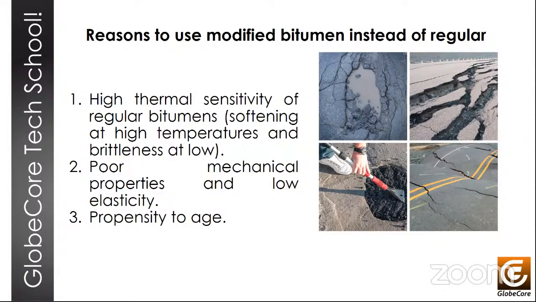That led to deterioration in the quality of the bitumen. In practice, straight bitumen has a few drawbacks and limitations. It has high thermal sensitivity, which means that it softens at higher temperatures and becomes brittle at low temperatures, and the range is rather narrow. It has poor mechanical properties and low elasticity, and it tends to age a lot. So these are the limitations that we ideally want to overcome if we use it in roads.